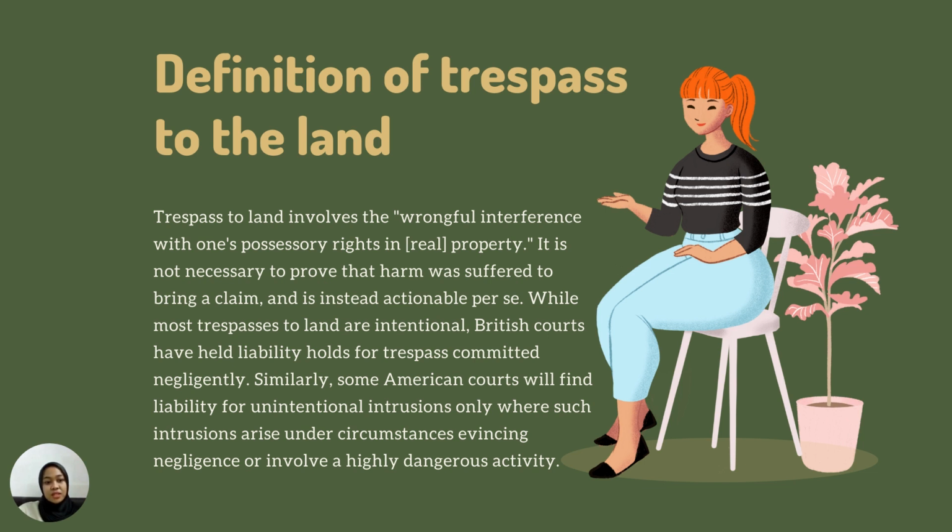While most trespasses to land are intentional, British courts have held liability holds for trespass committed negligently. Similarly, some American courts will find liability for unintentional intrusion only where such intrusion arises under circumstances evincing negligence or involves a highly dangerous activity.